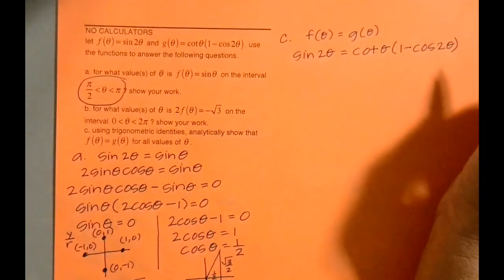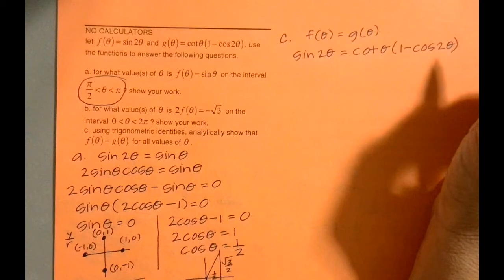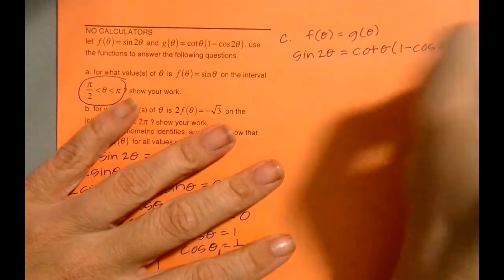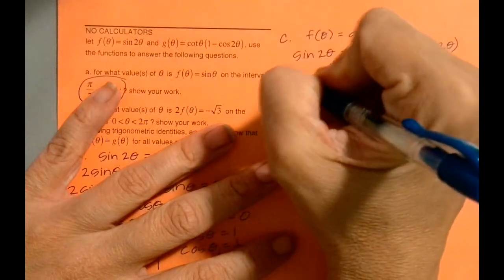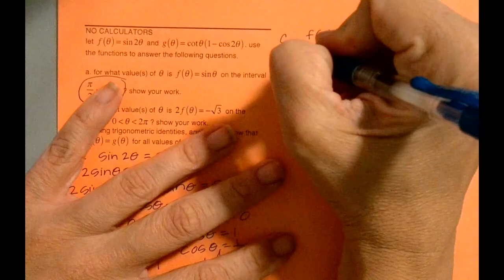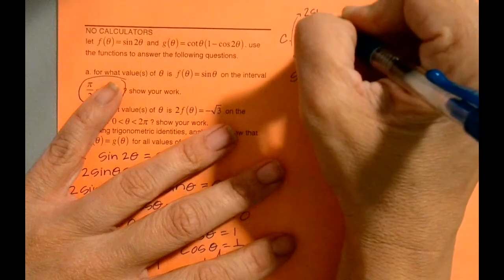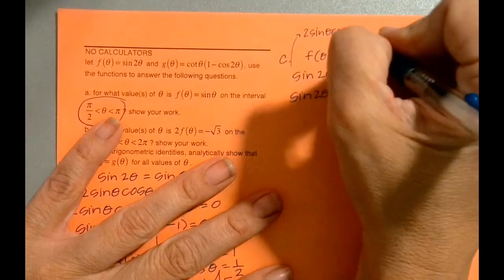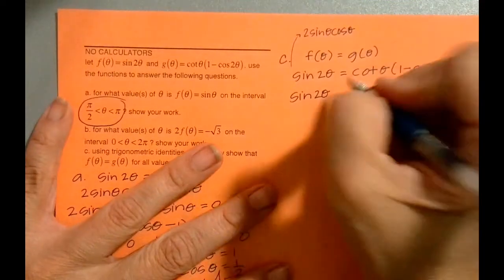So you get to pick which side you want to work. So usually you pick the more complicated looking side. So I don't know, I'm going to work this side. So keep in the back of your mind that sine 2 theta is 2 sine theta cosine theta. Because if we get that, then we have the identity.